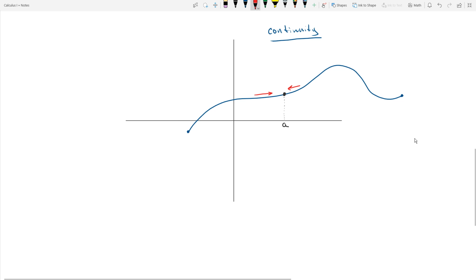Whenever a graph has continuity, we know for sure that it has a limit. So this will always have a limit.